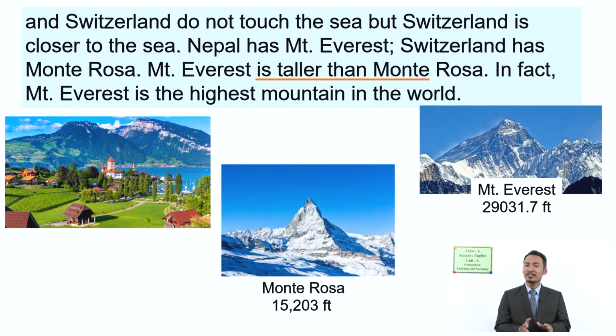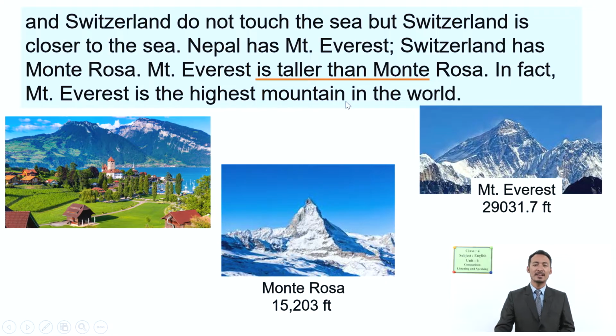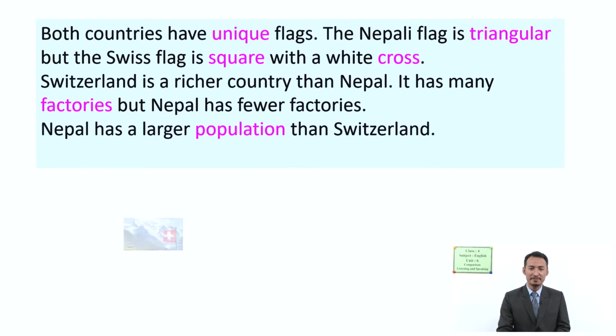So Mount Everest is taller than Monte Rosa. Monte Rosa is a mountain from Switzerland. Okay, students? In fact, Mount Everest is the highest mountain in the world. So that is the superlative level of height in the world. Okay, students? That's the comparison of the things in our previous text.